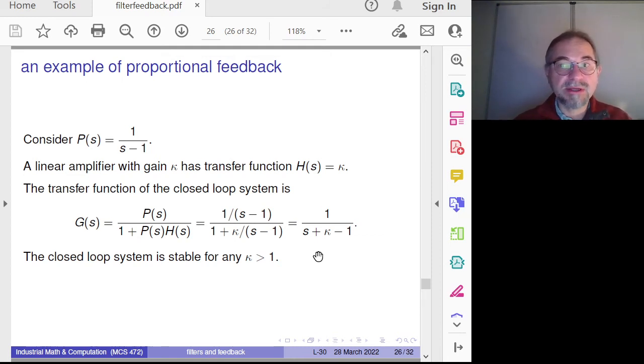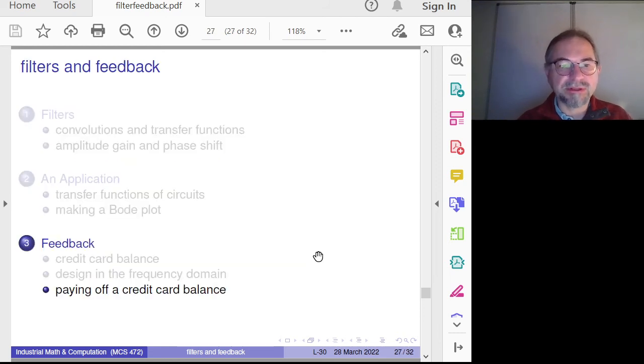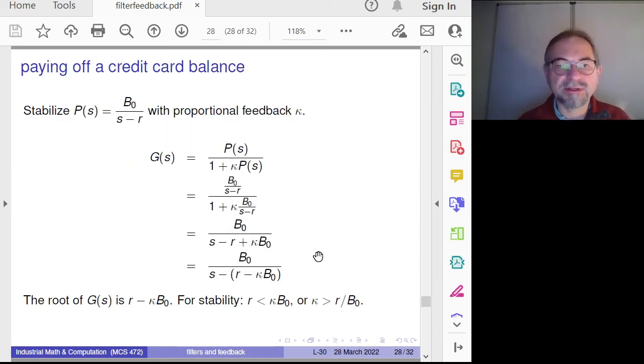So this looks kind of simple, and it is also simple if you look at the example of the credit card balance, where we now have two parameters, the initial balance and the interest rate.